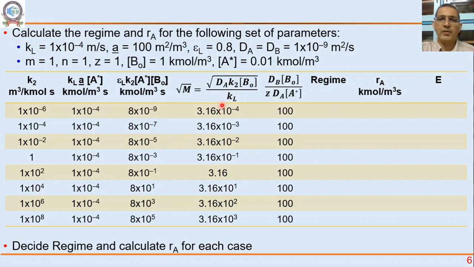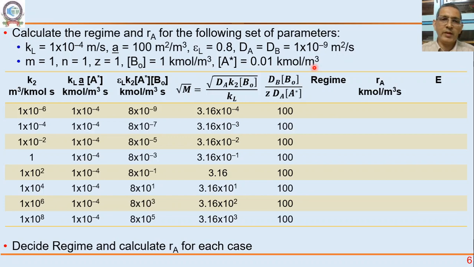Root M we can calculate: dA constant, K2 changing, B naught constant, KL constant, so only K2 is changing, right? Calculate dB B naught by Z dA A star. dB is constant, dA is constant, B naught is constant, A star is constant, Z is constant.